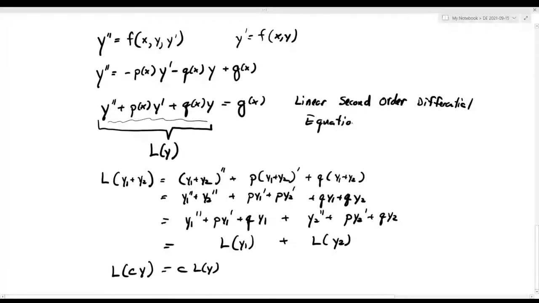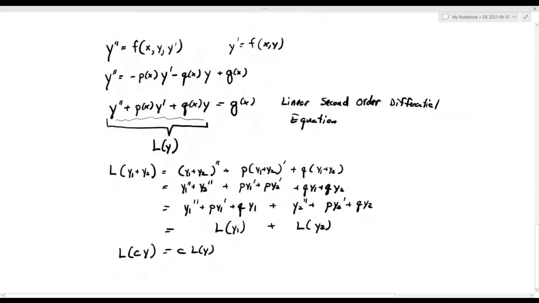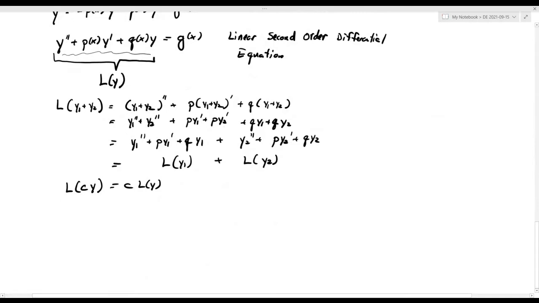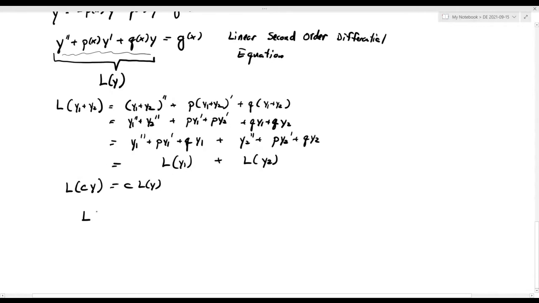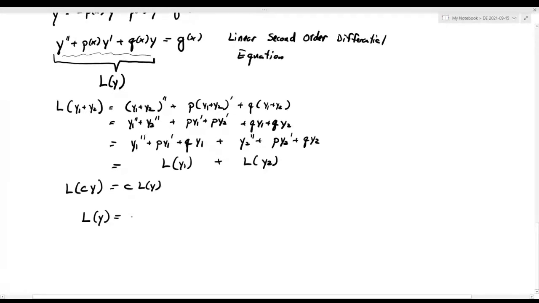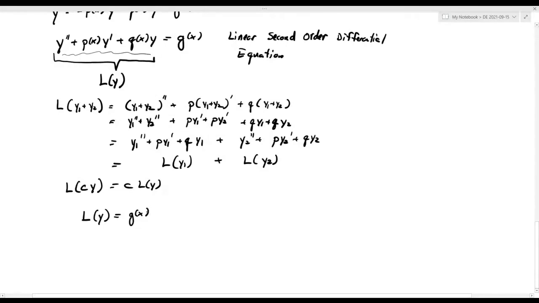So this is maybe the best analogy from linear algebra, where right here we have a linear operator acting on unknown function y equal to some function on the right-hand side.